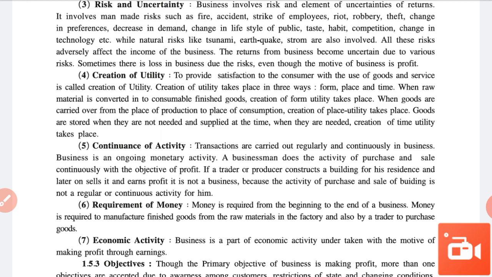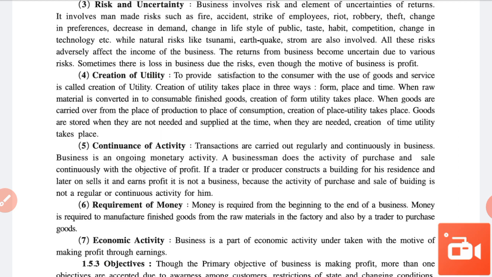So your thoughts will come like a businessman or professional, right? When you learn this topic, creation of utility, you think you are a businessman, a provider, an owner of a company. You can produce your particular product and provide your goods and service to the consumer. If you provide satisfaction to the consumer, that is called creation of utility.